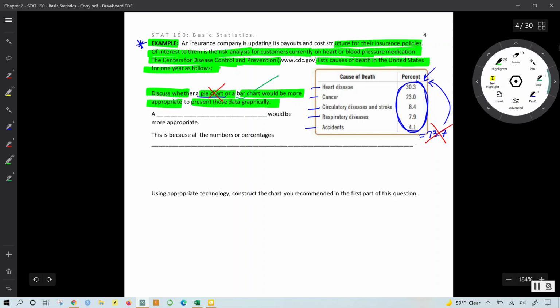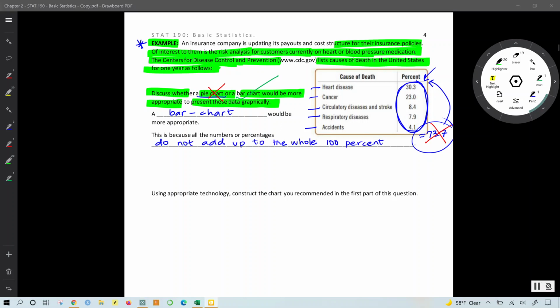Our answer to this question would be that a bar chart would be more appropriate since we do not have a total of 100%, in which case a pie chart could have been useful. That is because all the percentages do not add up to 100%.